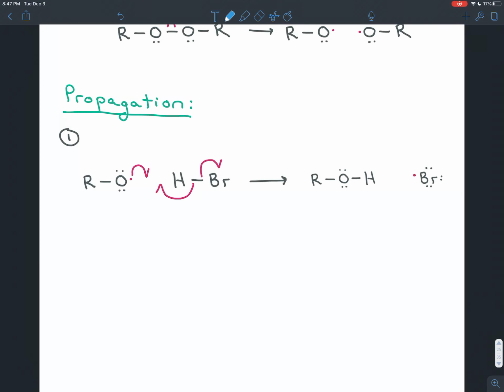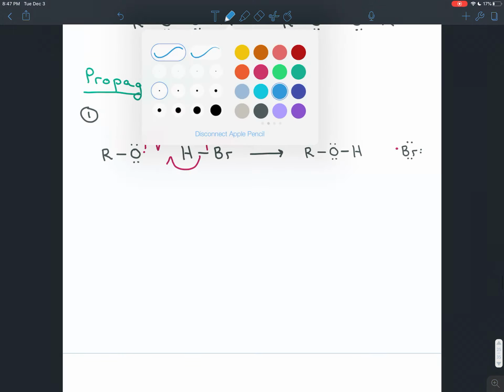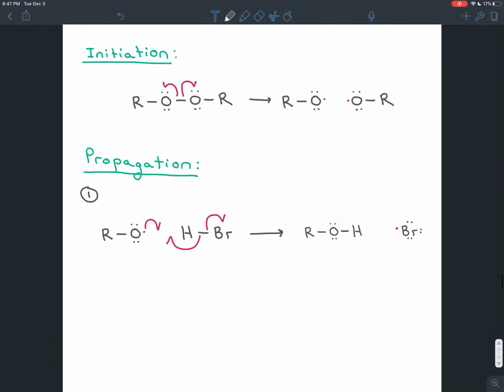The other electron in the bond between the hydrogen and the halogen goes onto the halogen, in this case the bromine, to give us a bromine radical. So we have this ROH. Anytime you have a carbon chain bonded to OH, it's called an alcohol. So we have an alcohol, and then more importantly, we have this radical. Okay, so far our carbon chain has not been involved at all. These steps so far are universal for the mechanism for the radical addition of HBr to an alkene.